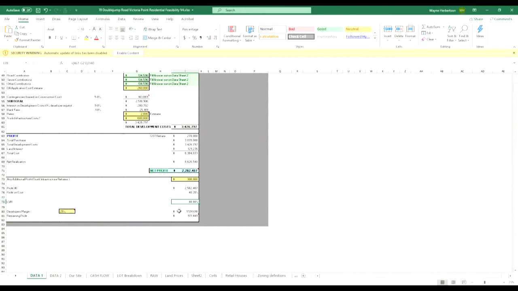So what's your opinion on the LVR? Well, what it means is that the loan to value ratio means you only have to borrow 50% of the funds to realise the profit that you're going to get. So it's very low.